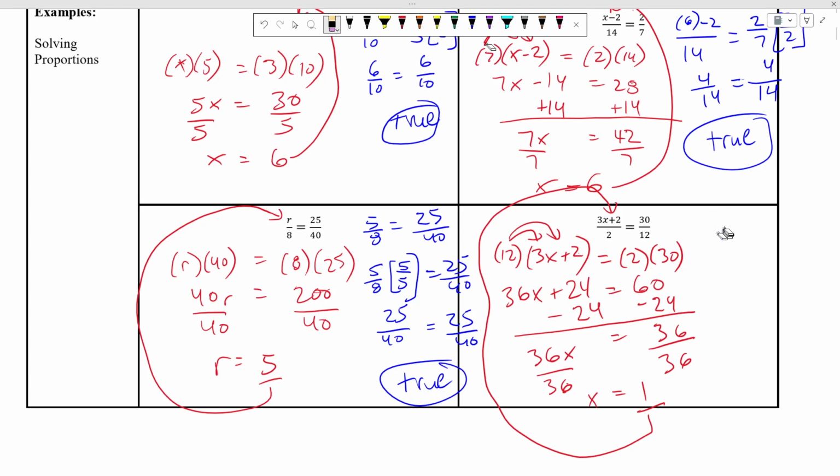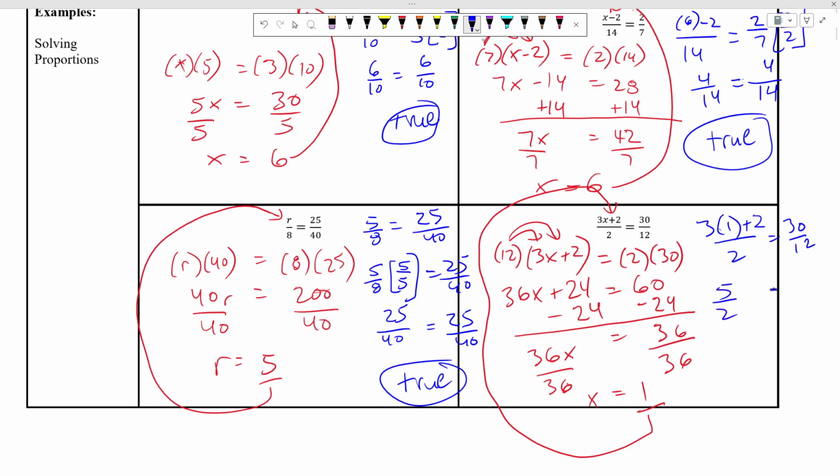3 times 1 plus 2 over 2 equals 30 over 12. All right, let me simplify this first before I start manipulating denominators. So 3 times 1 is 3 plus 2, that would be 5 over 2.